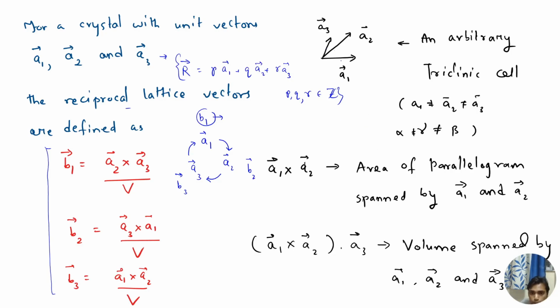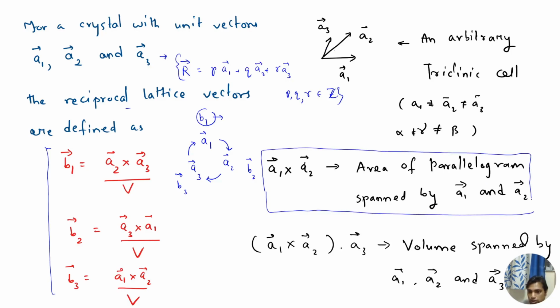When we do the cross product a1 cross a2, it is the area of the parallelogram spanned by a1 and a2. If you have a1 here and a2 here, then the magnitude of the area of this parallelogram is a1 cross a2, and its direction is perpendicular to the plane spanned by a1 and a2.